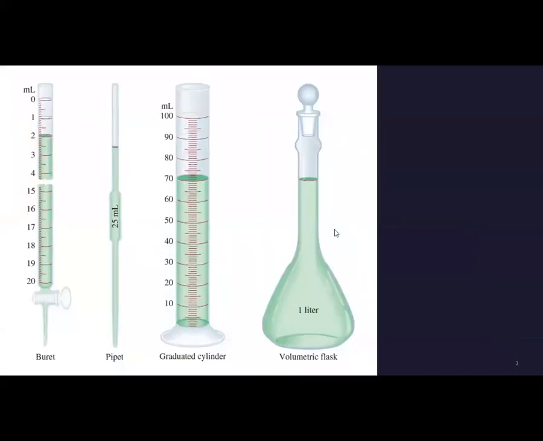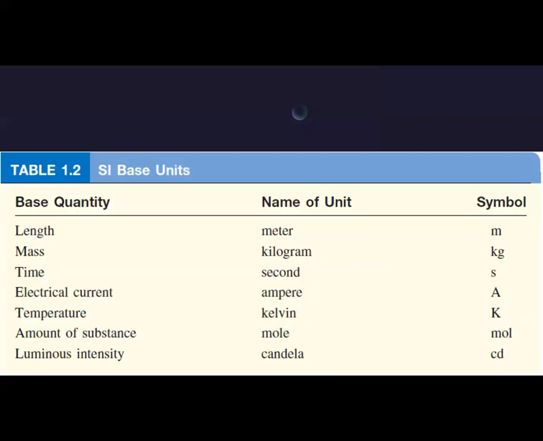I will show you a table of the 7 SI base units. These units are not derived from other units. It is like, among numbers, the prime numbers, not composite. They are the most basic. We have length, a base quantity, and the unit used by SI is meter, with the symbol lowercase m.